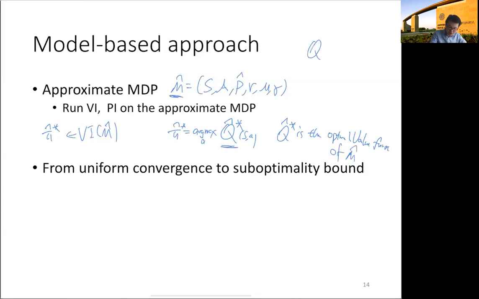Similarly, Q star is optimal for M, the original MDP.